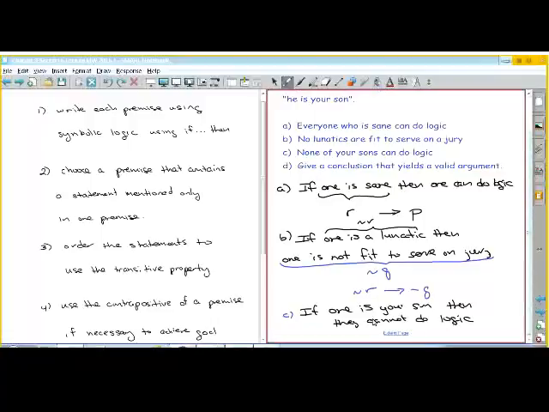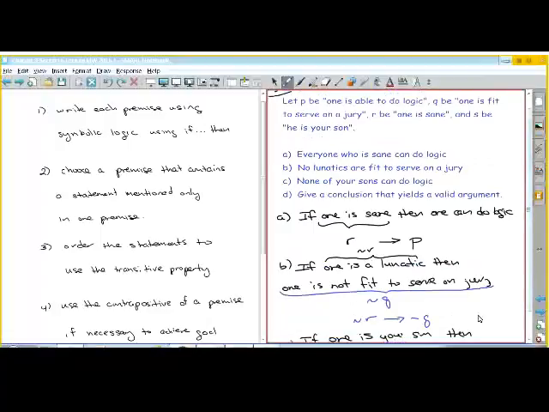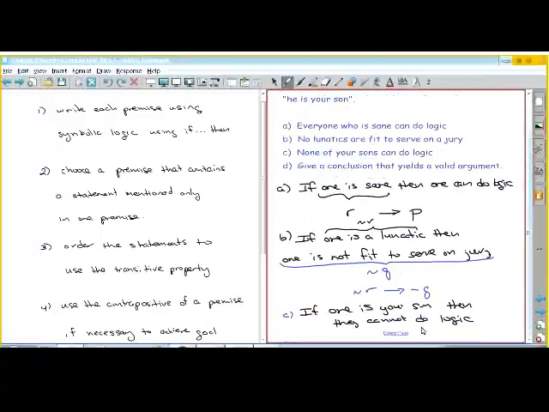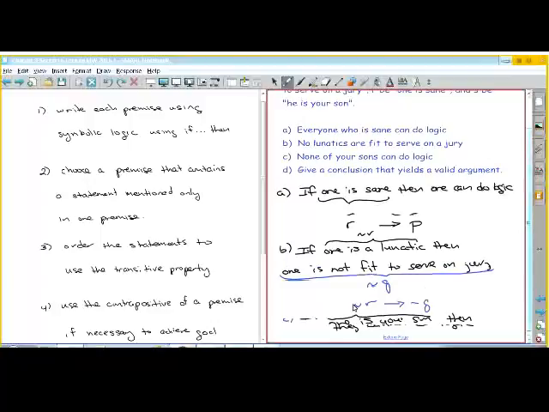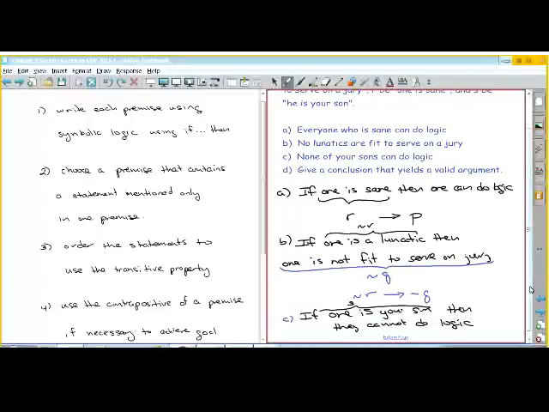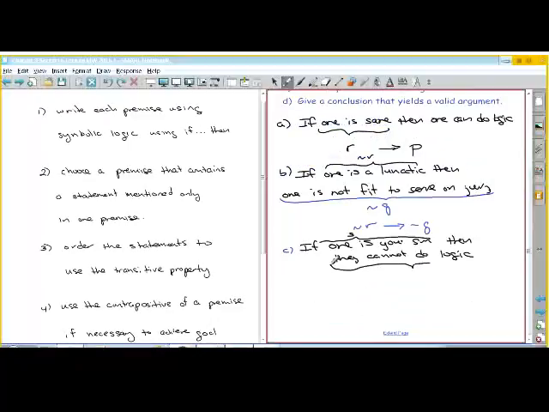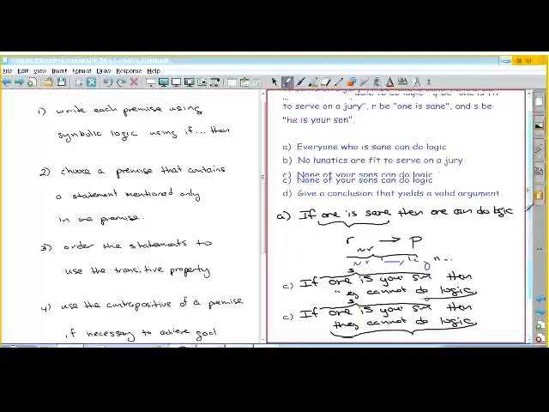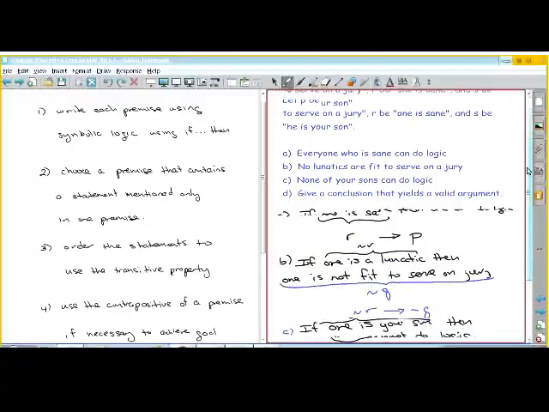Now we need to choose the proper letters. So what was he is your son? That's the same as one is your son. So this first bit here is going to be S, statement S. The second one is they cannot do logic. So we go up to the statement, one is able to do logic.